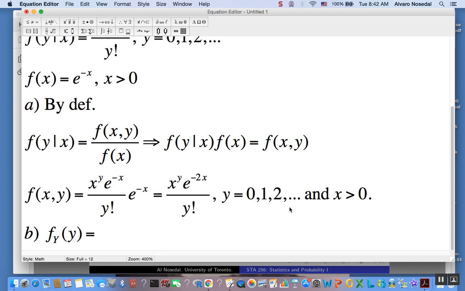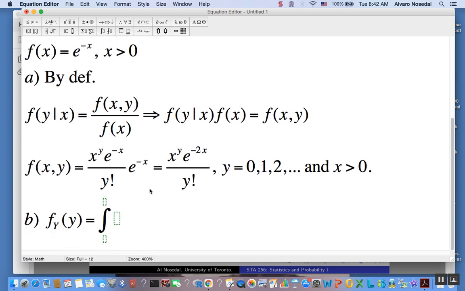That's why we have to pay attention to these values, the support, we call it. Anyway, in this case, we integrate from negative infinity to infinity the joint with respect to x. Since we want the marginal of y, we integrate with respect to the other one.